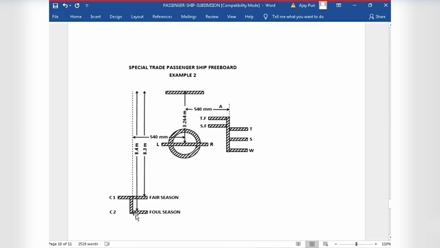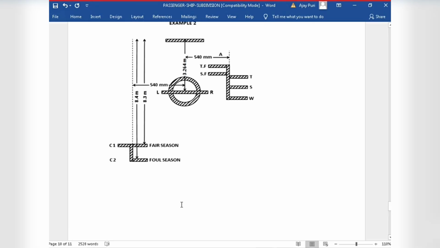So C1, C2 are basically for passenger ships, special trade passenger ships. If you notice, C2 is more than C1, then C3 is more than C1. So that is a passenger ship freeboard, which is to be assigned on both sides.